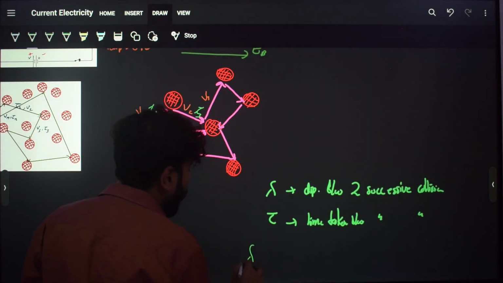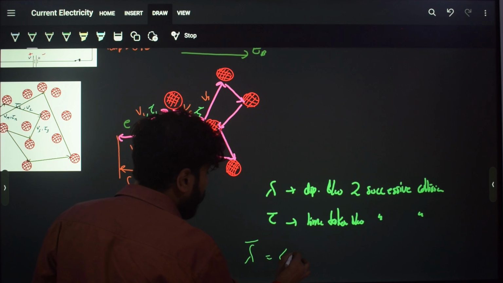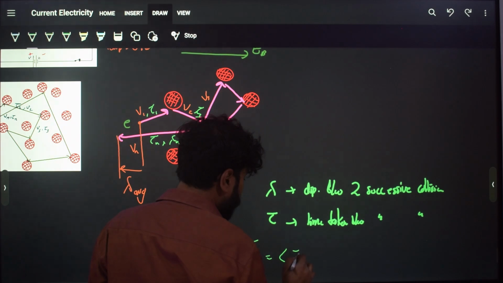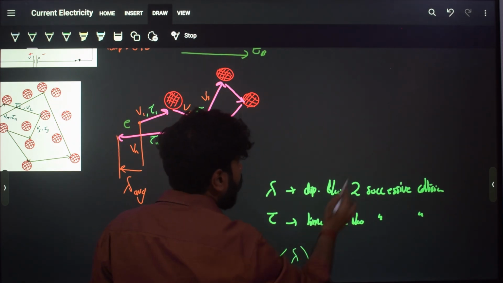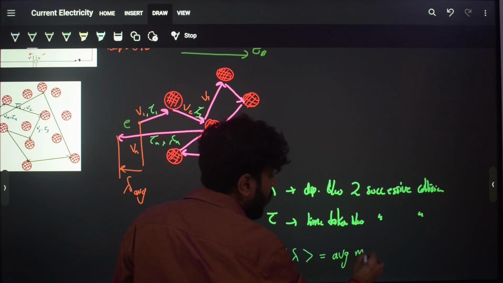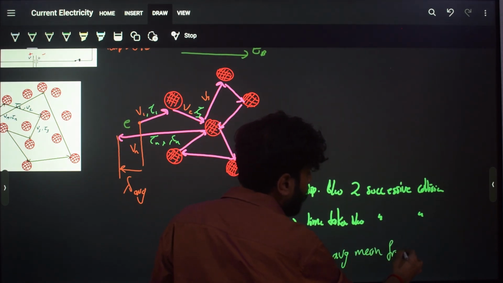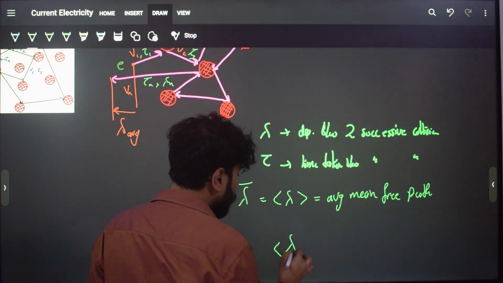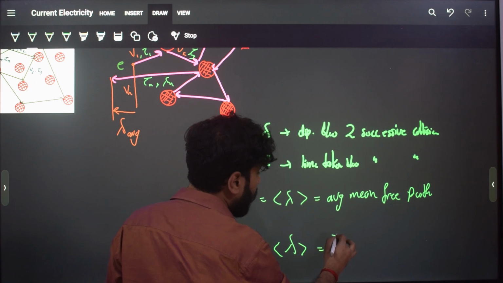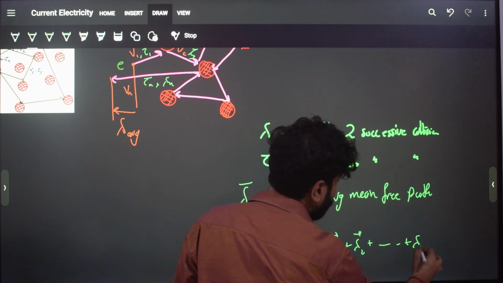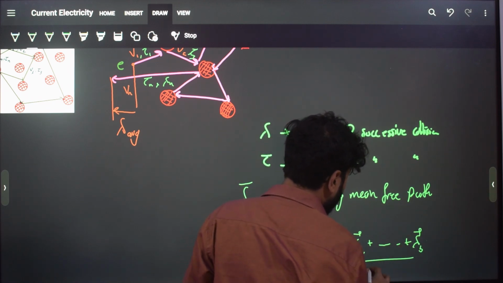So what is the meaning of lambda average? That is the average distance between each collision. That is why it is known as the average mean free path. And how would you calculate this? Lambda 1, lambda 2 and lambda 3 over n.